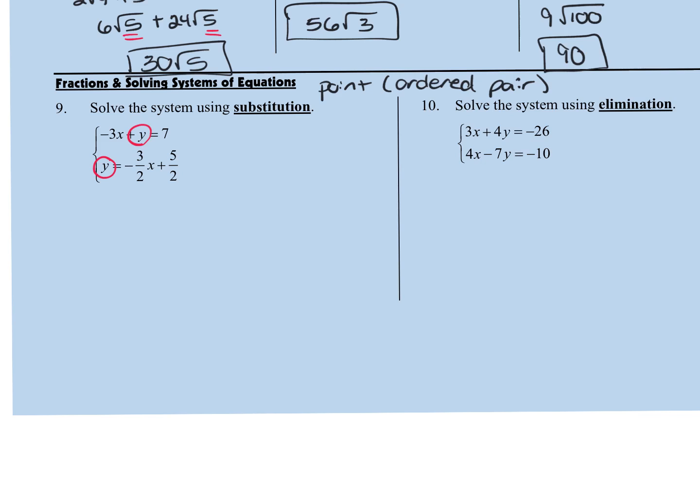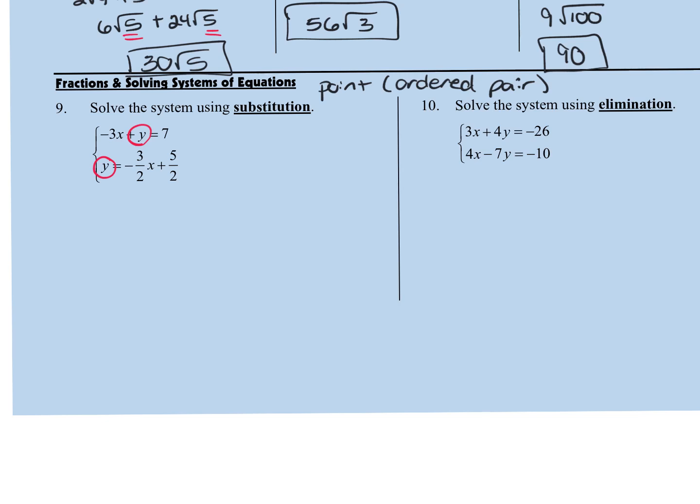Okay, substitution is also sometimes nice when you think about it from the perspective that one of the variables has a coefficient of just a 1 instead of, in this case, for example, a -3 or this -3/2.